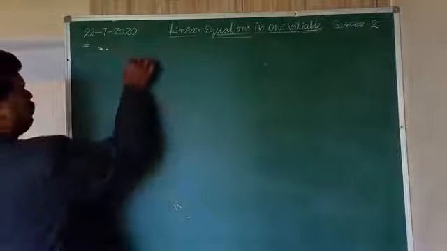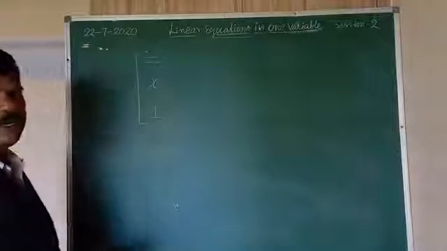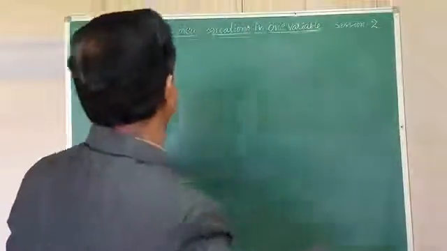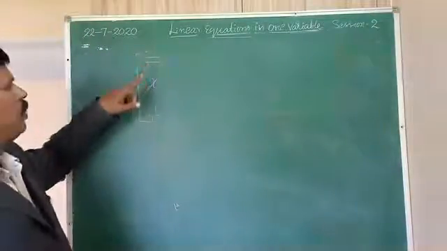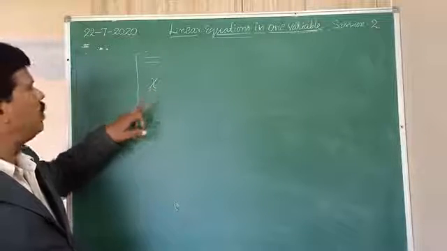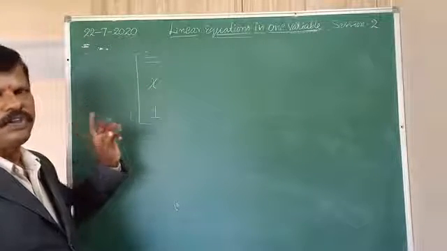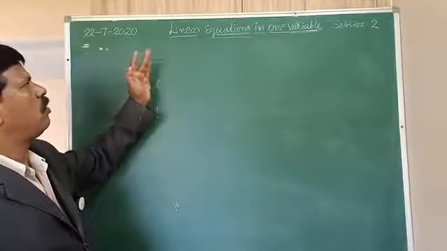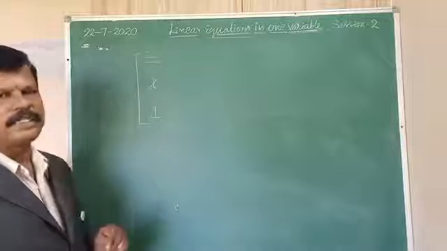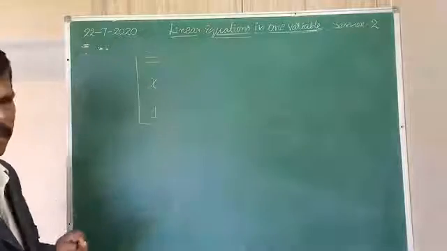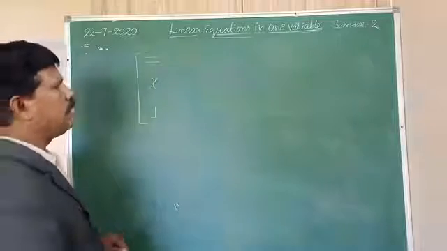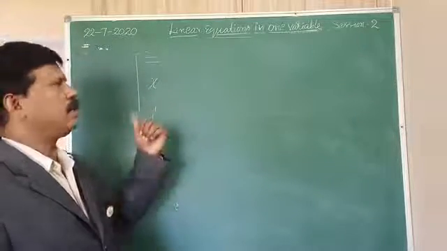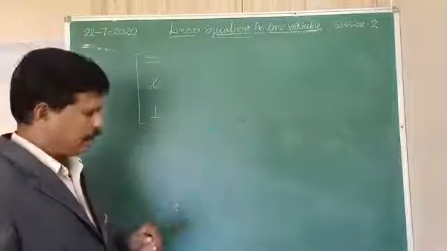If an algebraic expression satisfies these three conditions, such expressions are called linear equations in one variable. A linear equation in one variable has two parts: one is the left hand side and the other is the right hand side.